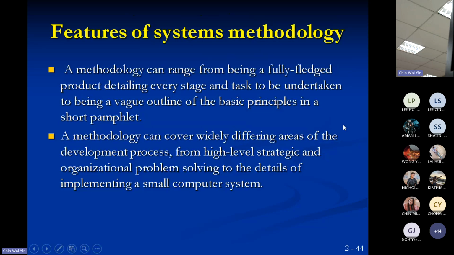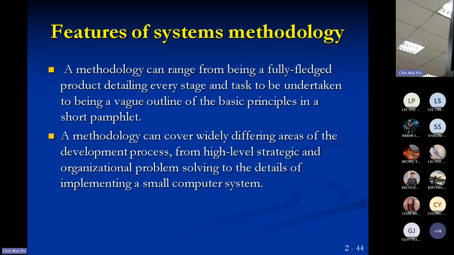So the methodology can be full-fledged or very simple. That means it can be very detailed or very simple, one page of documentation of how the methodology can be used, or it can be one whole textbook, a manual of how to use the systems methodology, right? A systems methodology can also cover a wide range of areas of the development process.